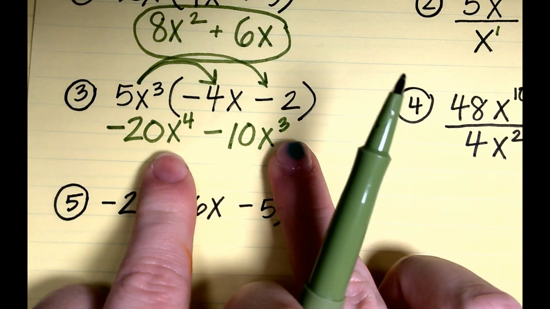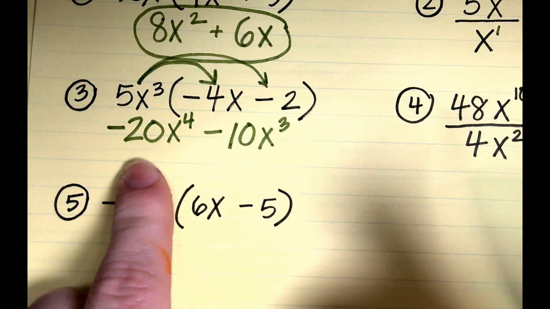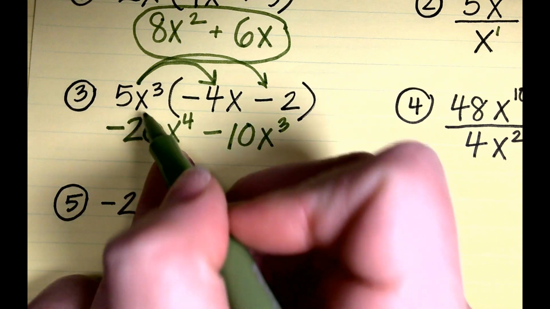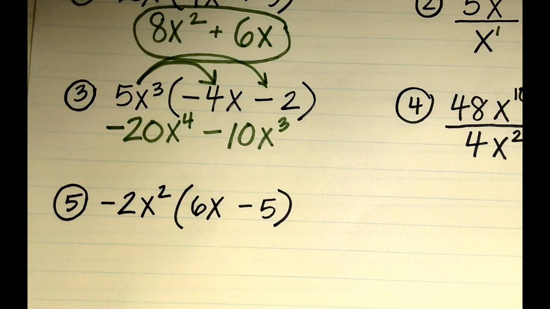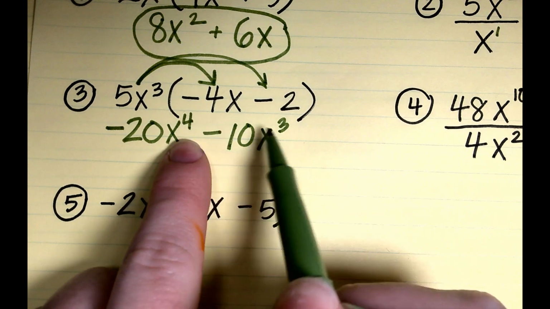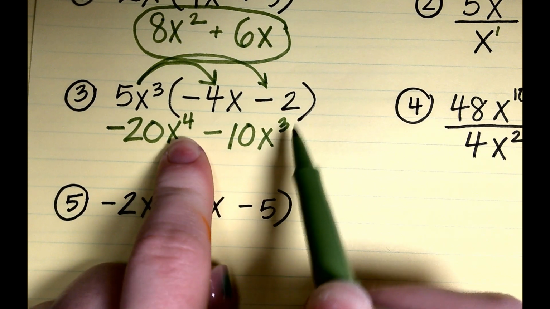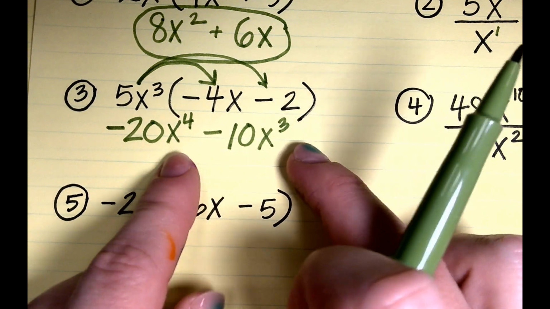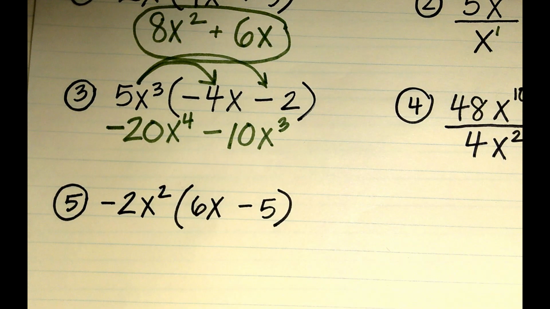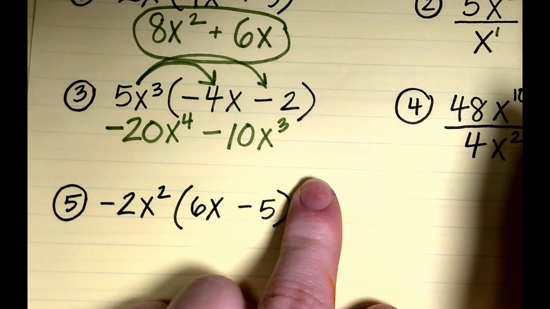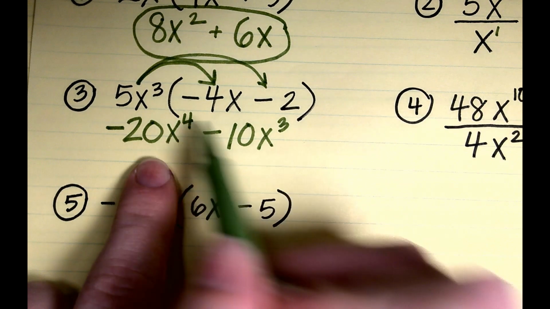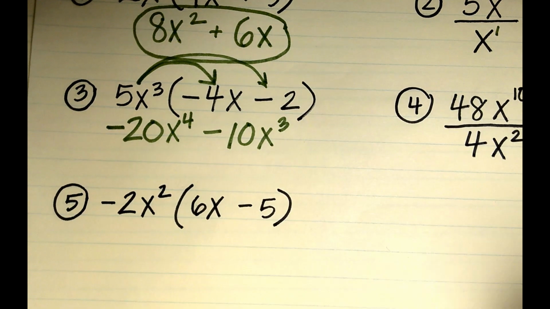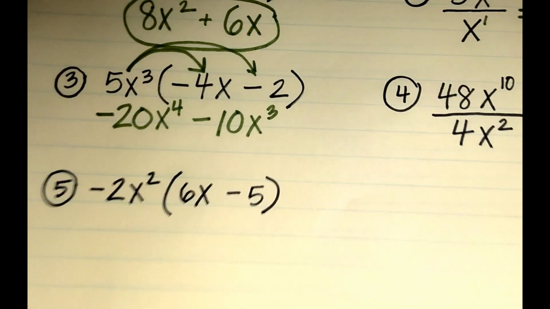We need to keep them separate, right? Because the only time that we can combine them as like terms is if the exponent has the same number. So 3 and 4 are different. Yes, so they stay separate. We remember that, guys? Okay, so they have to have the same exponent. They do both have exponents, but they're not the same. These are different ones.